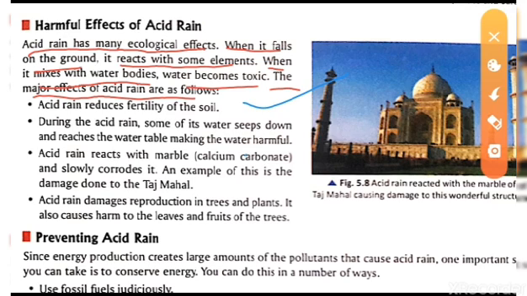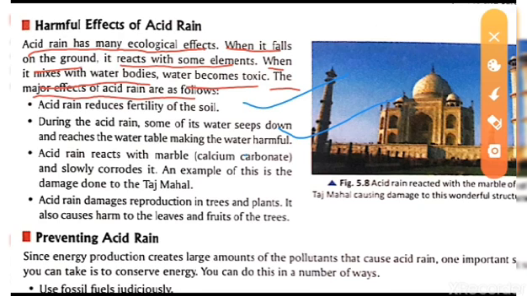During acid rain, some of its water seeps down and reaches the water table, making the water harmful. Now the third point is that acid rain reacts with marble, that is calcium carbonate, and slowly corrodes it. An example of this is the damage done to the Taj Mahal.